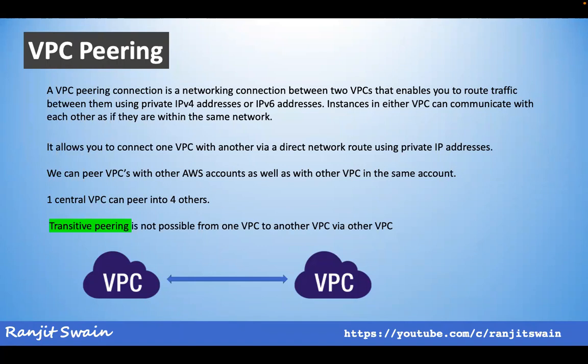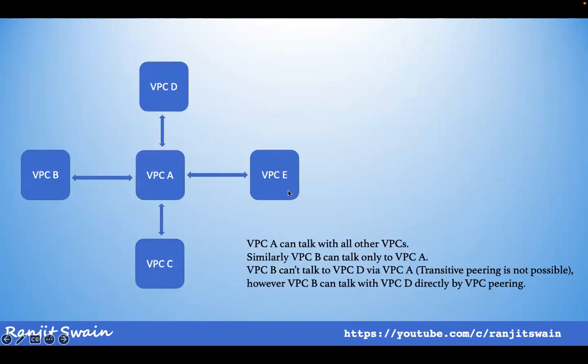As I said, one central VPC can peer into 4 others. And transitive peering is not possible from one VPC to another VPC via another VPC. That means, if you see this diagram, here we have 4 VPCs and one central VPC, which has been peered to the respective VPCs directly.